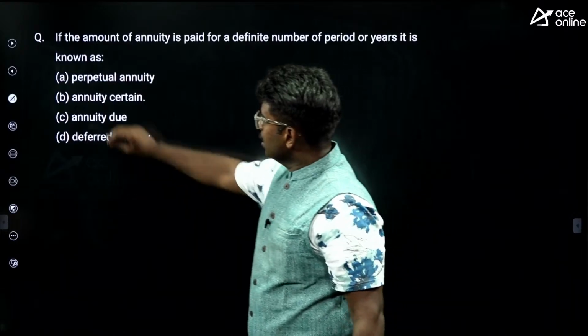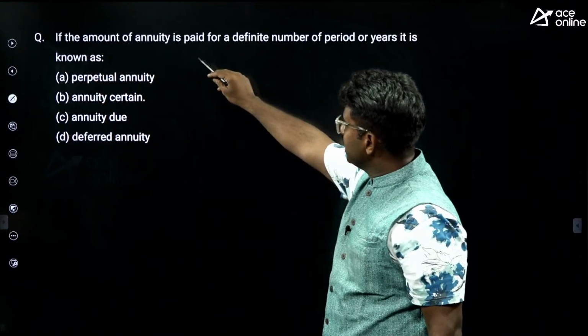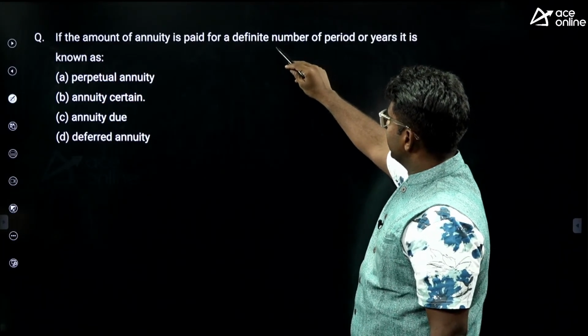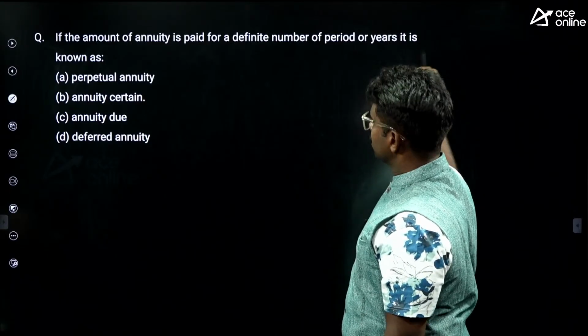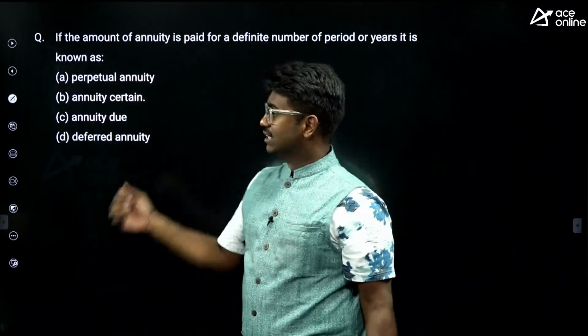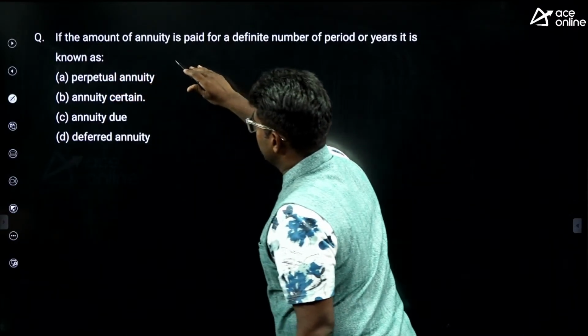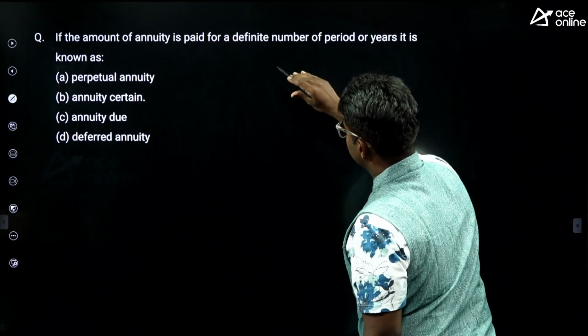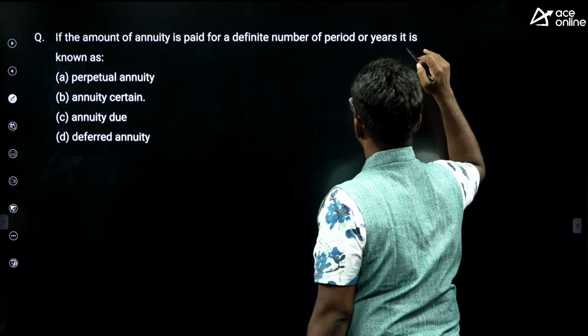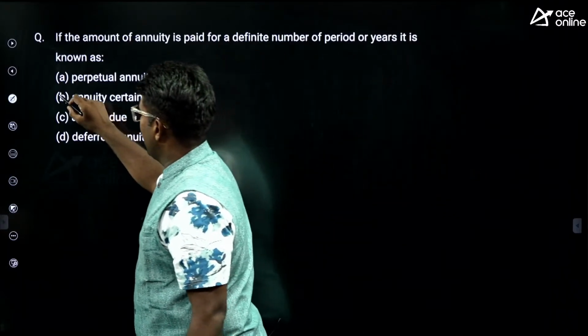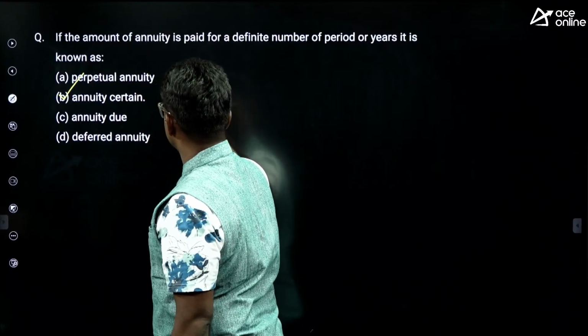Next one. If the amount of annuity is paid for a definite number of period or years, it is known as, check again. Okay, if the amount of annuity is paid for a definite number of period or years, it is known as annuity certain.